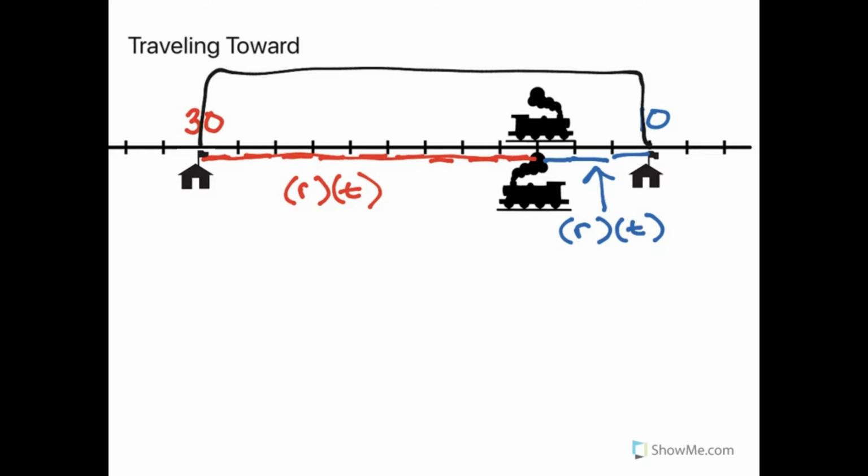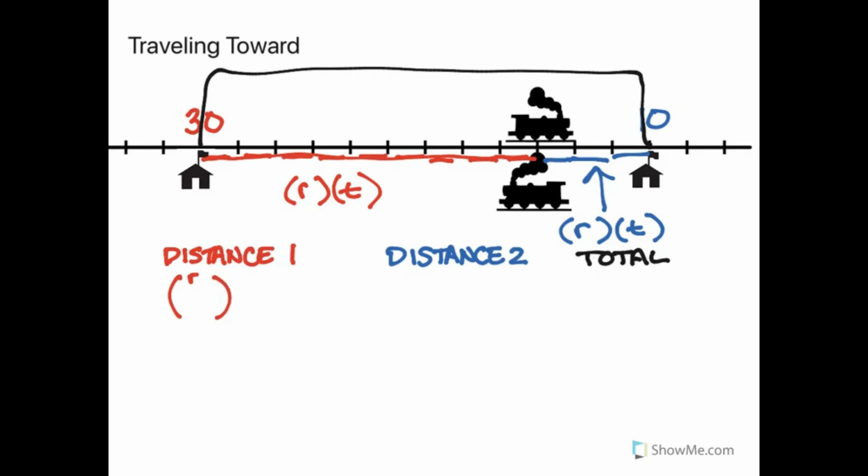In fact, a traveling toward problem sets up in the exact same way as a traveling away problem. The first distance comes from the rate times the time of the first train, and the second distance comes from the rate times the time of the second train. Those are added together to get the total distance.